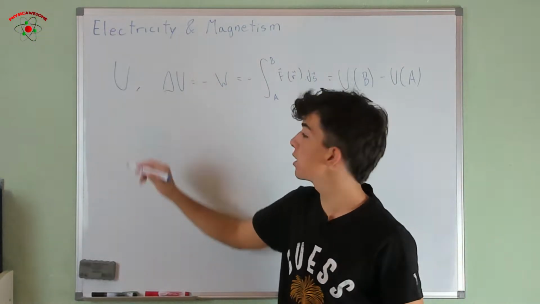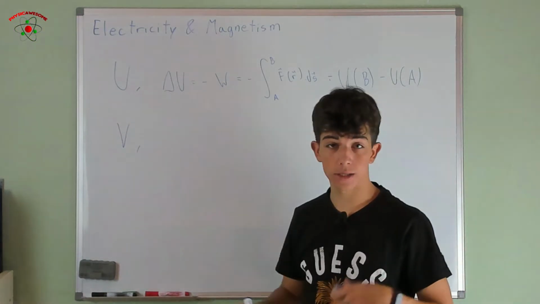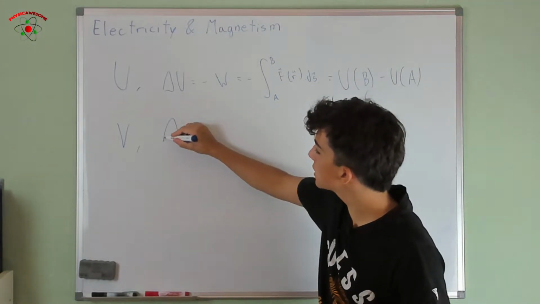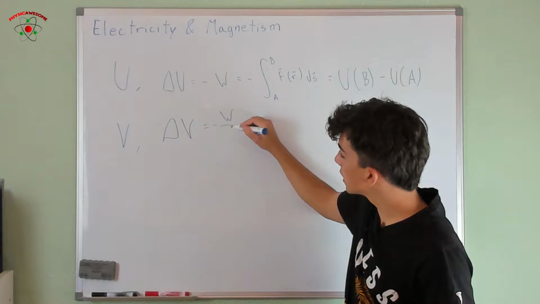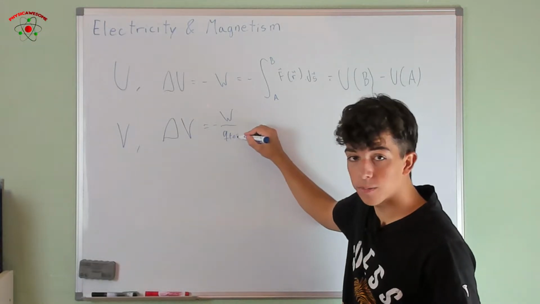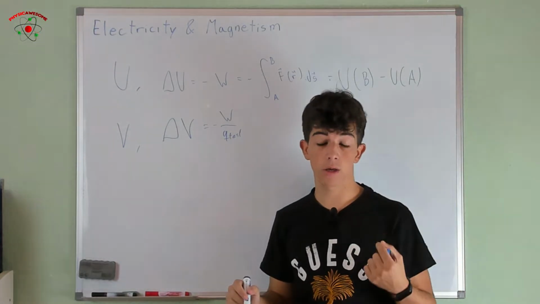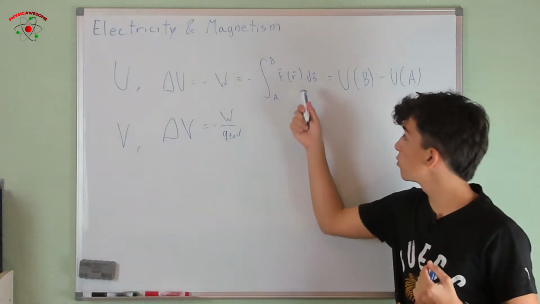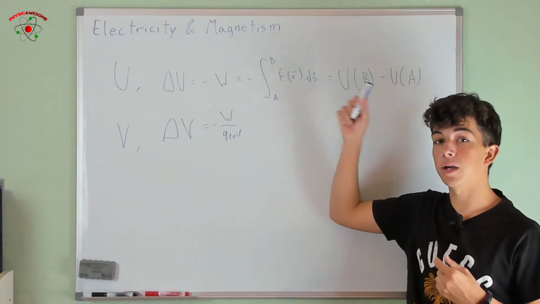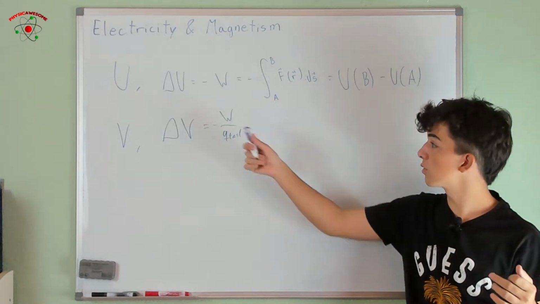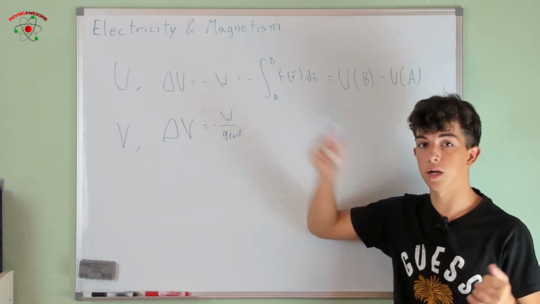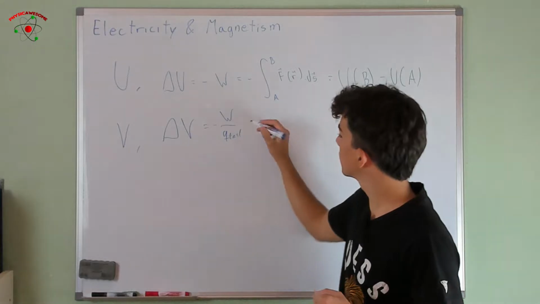So similarly, we're going to have a magnitude V, the electric potential, and the change in V is going to be equal to minus the work divided by a test charge, because if you remember from our earliest videos, what we did was having the force divided by the test charge, and they effectively cancel each other because there's a factor of the test charge inside of the work right now.